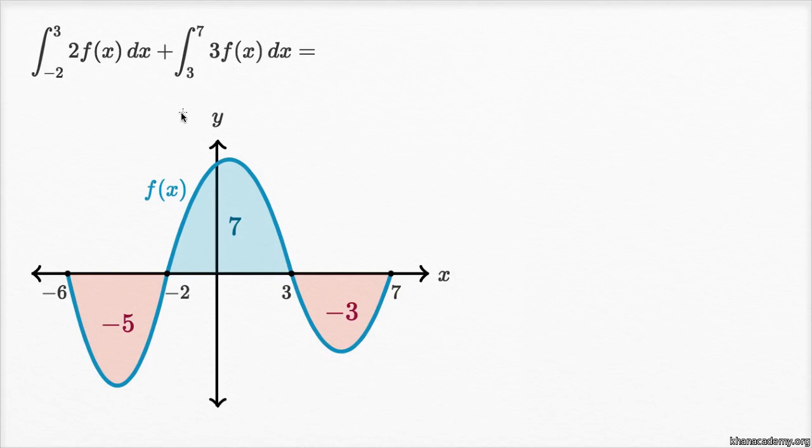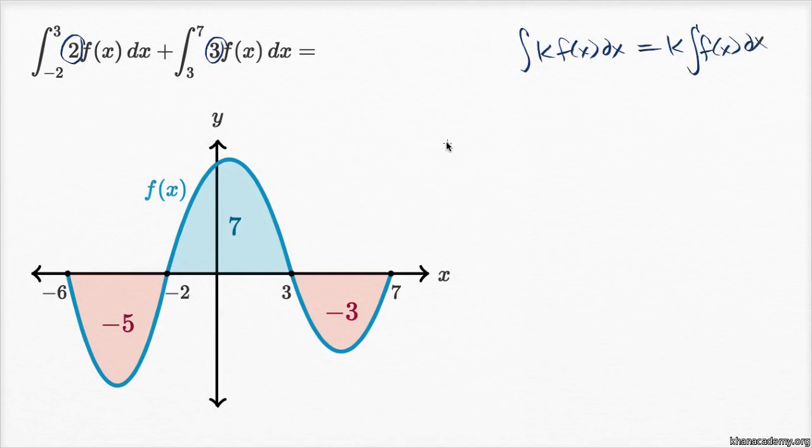Well, the first thing that my brain wants to do is take these constants out of the integral, because then once they're out and I'm just taking the straight up definite integrals of f of x, I can relate that to the areas over here. And I know I can do that, and this is a very common integration property and applies to definite and indefinite integrals. If I'm taking the integral of k f of x dx, this is the same thing as k times the integral of f of x dx.